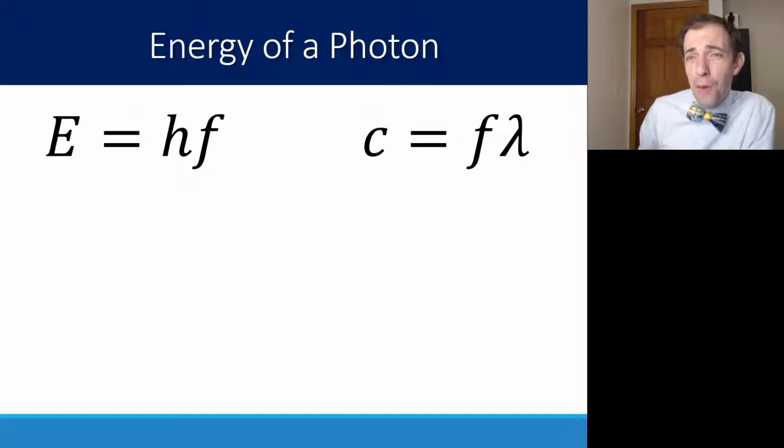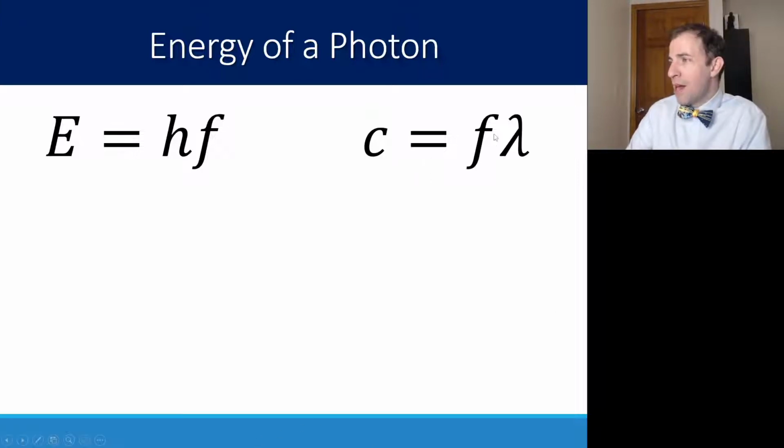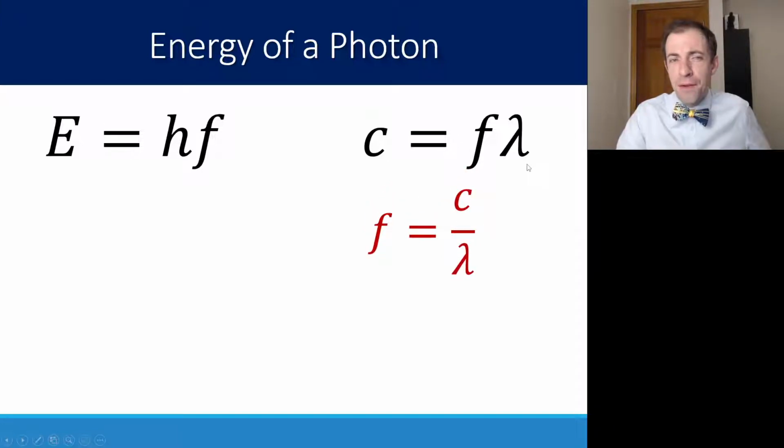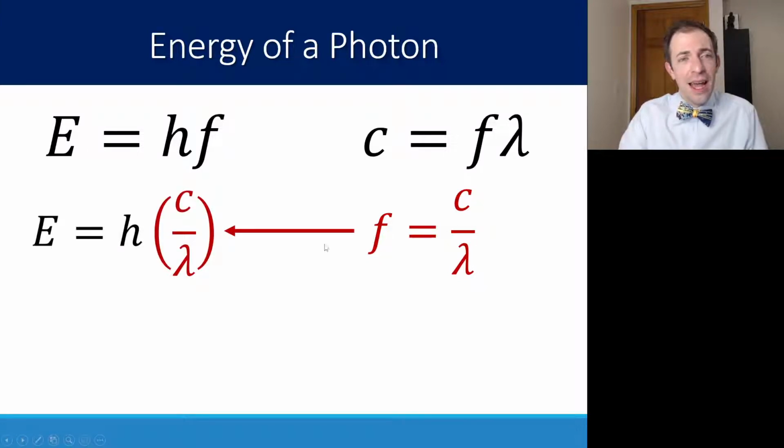Now, this isn't the only equation that you could use. If you wanted to, you could also relate the energy to the wavelength. We remember that our wavelength is represented in this equation: c is equal to f lambda, c being the speed of light, and lambda being the wavelength. If I rearrange that to solve for frequency, frequency is just the speed of light divided by wavelength. And then I can substitute that in for my frequency here.